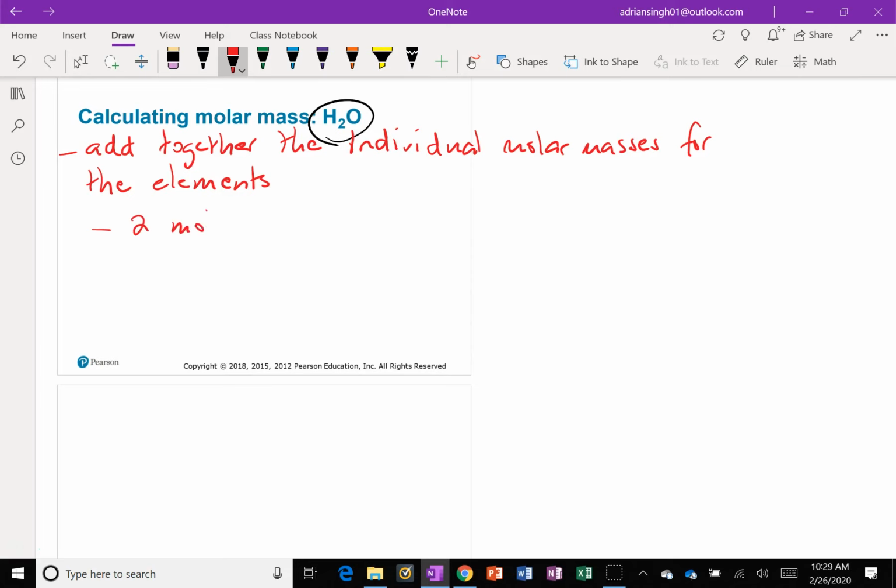So 2 moles of H. And in every mole of water, how many moles of O do I have? 1 mole of oxygen, from the subscripts in the formula. So I know how many moles of each atom I have. Can I convert those moles into grams for each element? You can look up their molar masses from the periodic table.